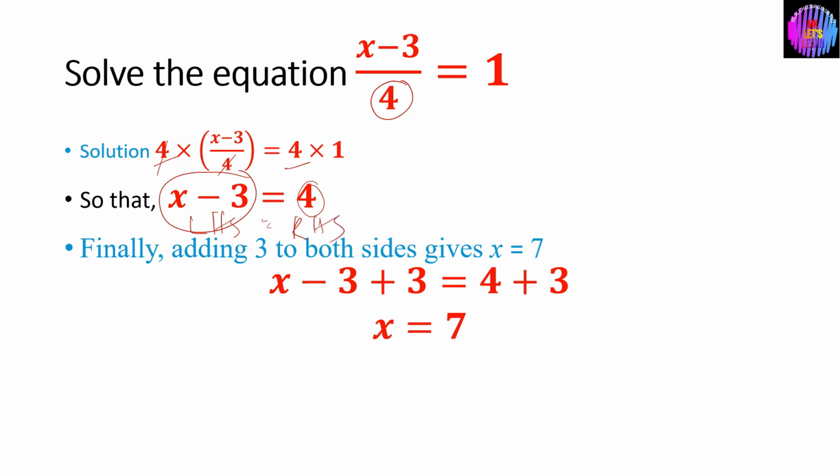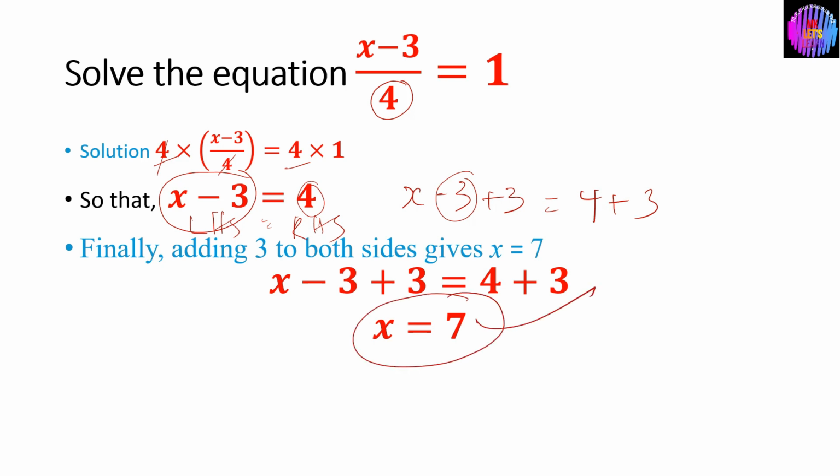Finally, adding 3 to both sides removes minus 3. x minus 3 plus 3 is equal to 4 plus 3. That gives the value of x is equal to 7. So this is the root of the linear equation x minus 3 by 4 is equal to 1.